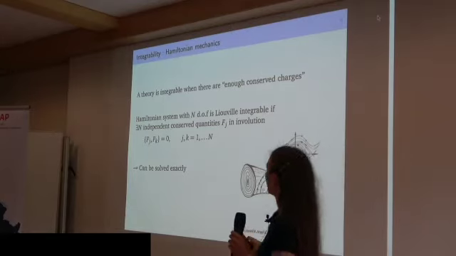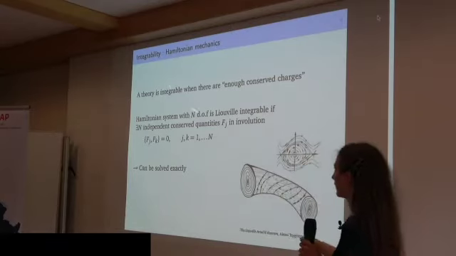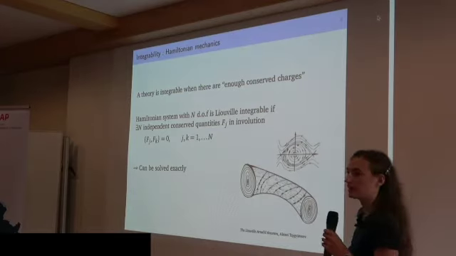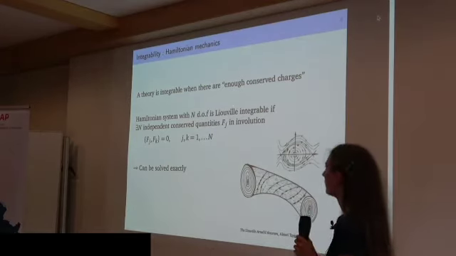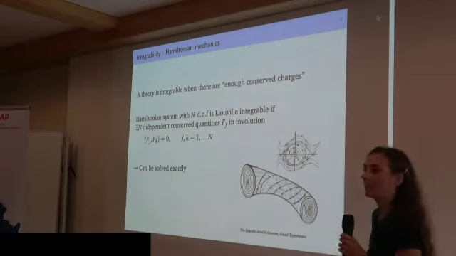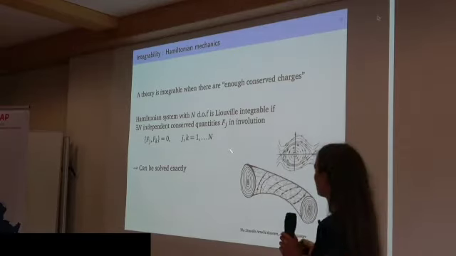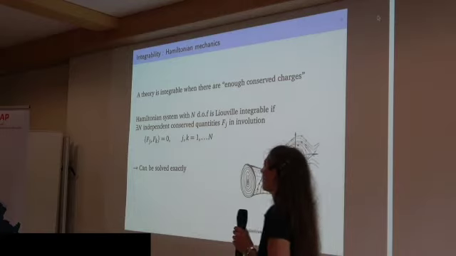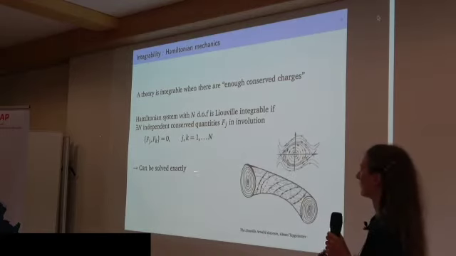So if you have a Hamiltonian system with n degrees of freedom, then this system is called Liouville integrable if you can find n independent conserved quantities that are in involution. Involution means that the Poisson bracket of these conserved quantities vanishes.